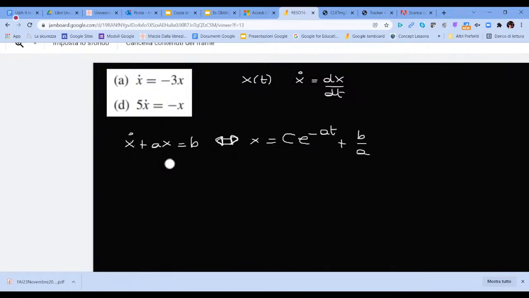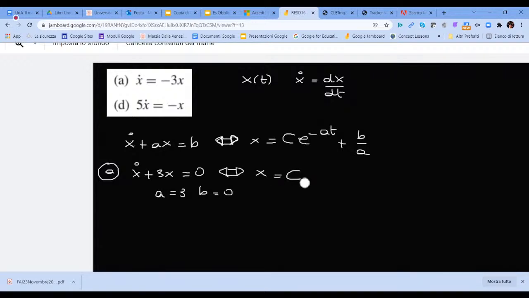So what do we have? We have x dot plus 3x equals 0. We can put, instead of a and b, the values a equals 3 and b equals 0 in the solution.